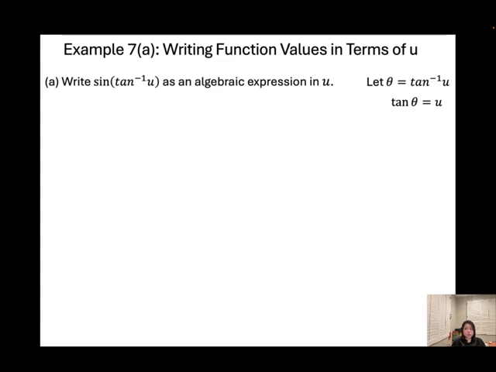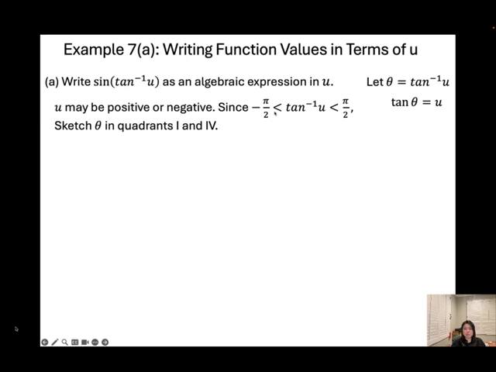And then u, they didn't specify, it can be positive or negative. And then the range of the arctangent will be from negative pi over 2 to pi over 2. So theta can be in quadrant 1 and quadrant 4. So let's try to sketch both triangles, quadrant 1 and then quadrant 4 here.